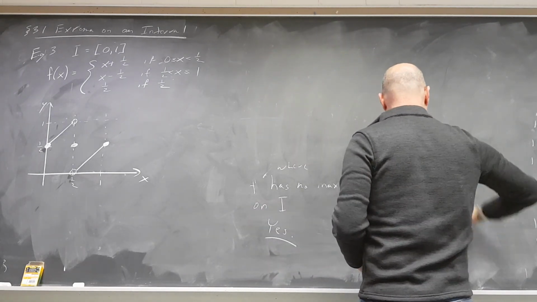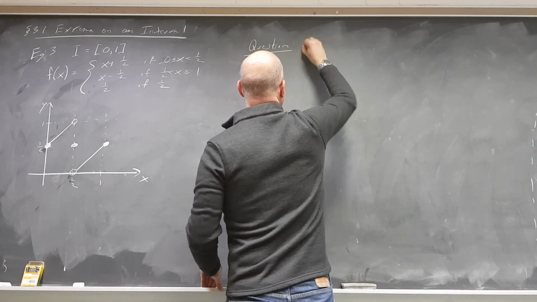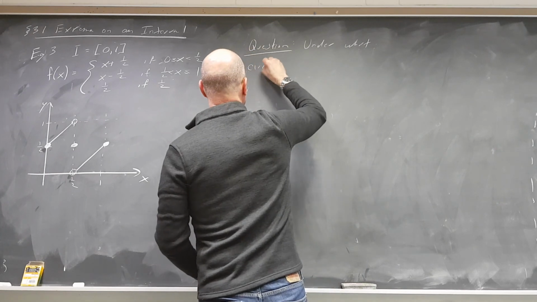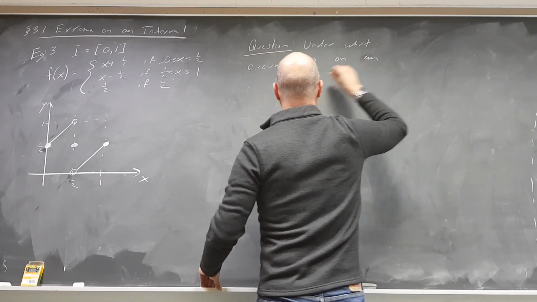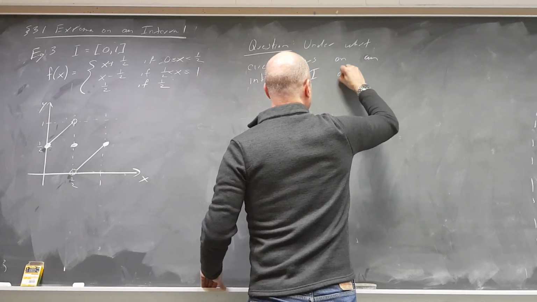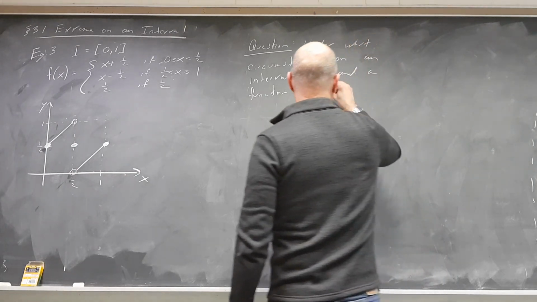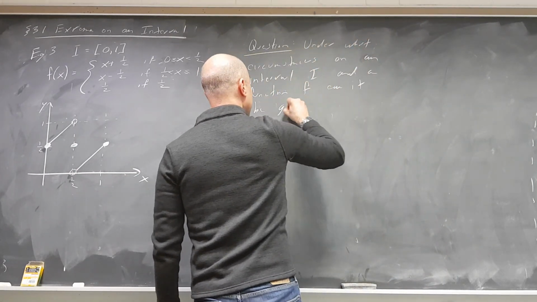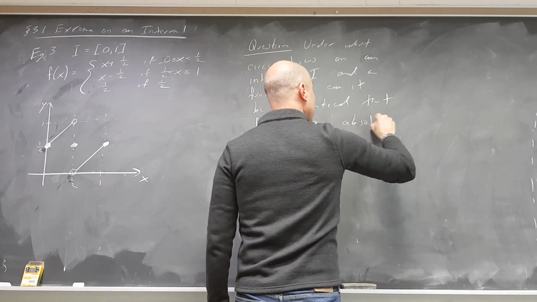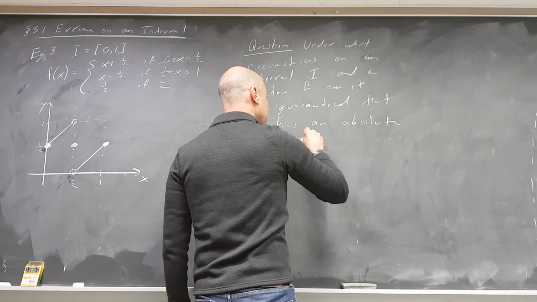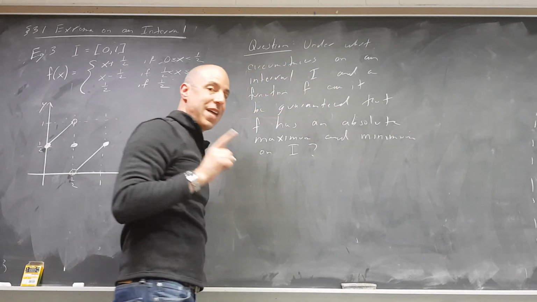Under what circumstances, on an interval I and a function f, can you guarantee that f has an absolute maximum and minimum on the interval I? That's where we're going to begin the next lecture.